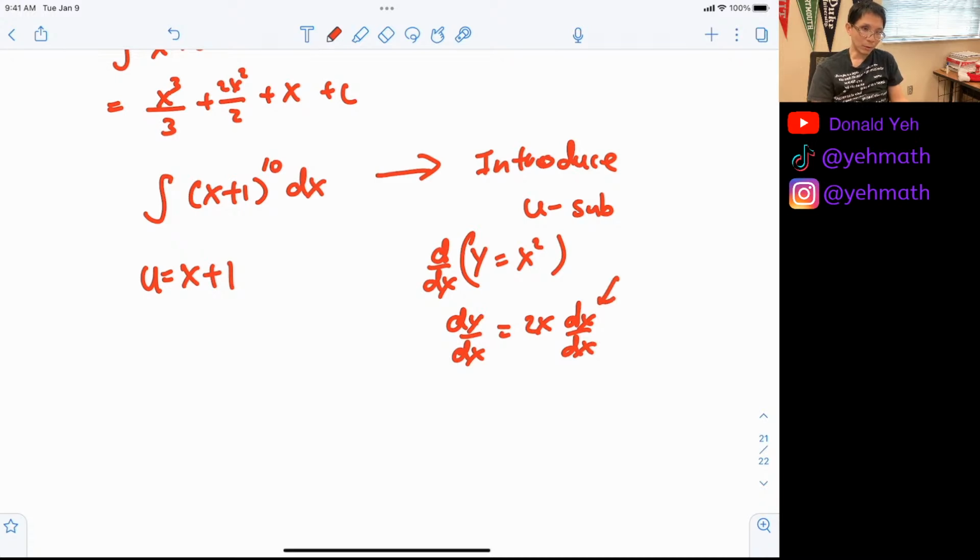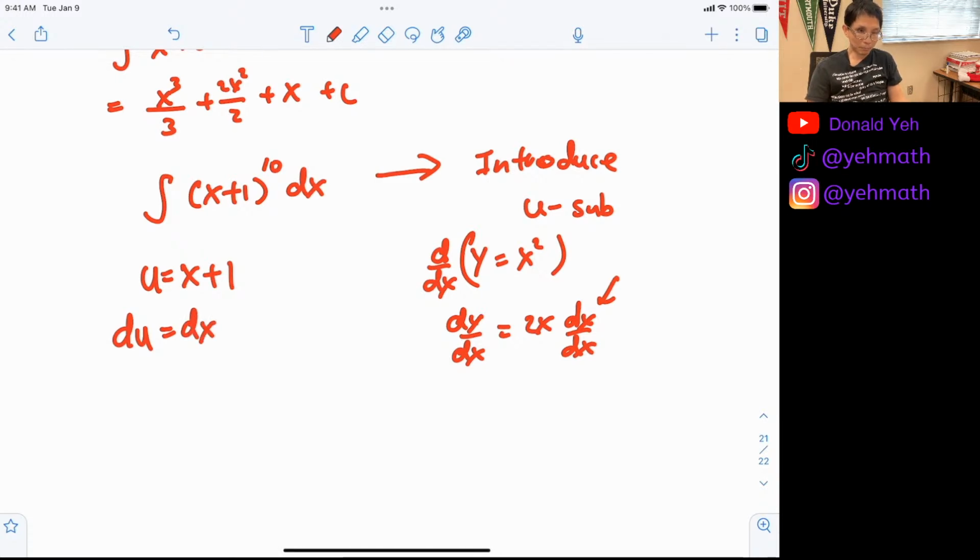Now, if I take a differential, I'm not taking the derivative with respect to anything. So I'm just changing u to du. I'm taking the derivative of u, then I get du, instead of du/dx, since we're not taking the derivative with respect to any variable. Now, this x is going to give you dx right here.